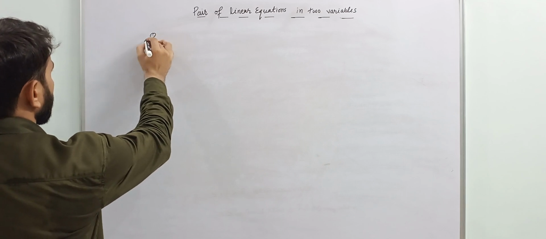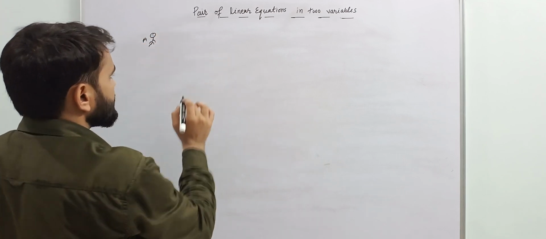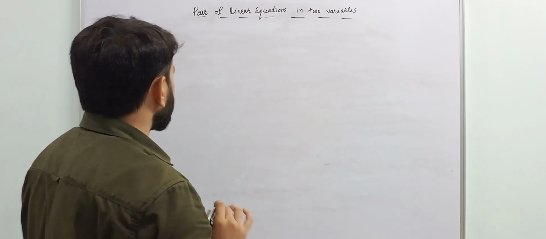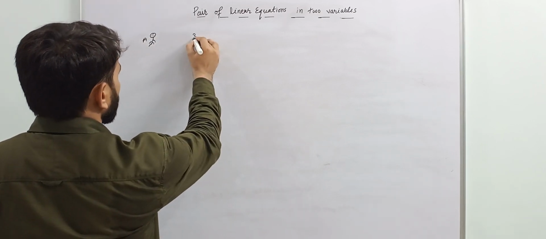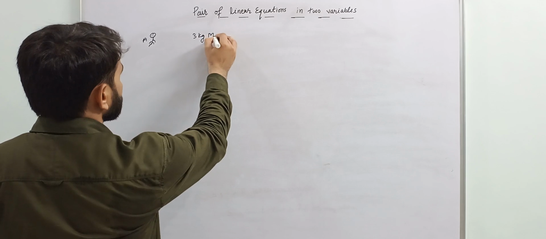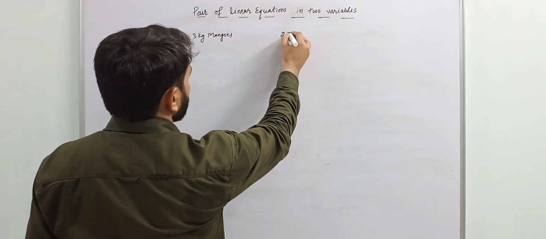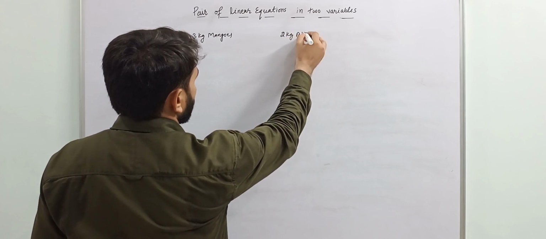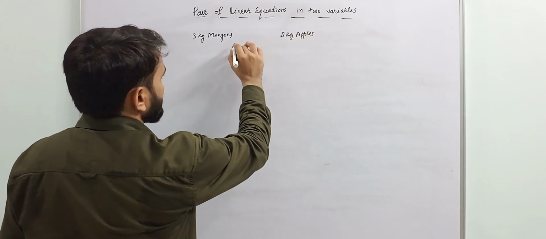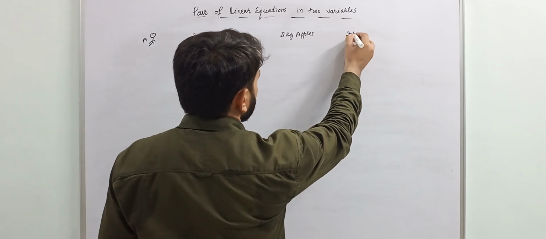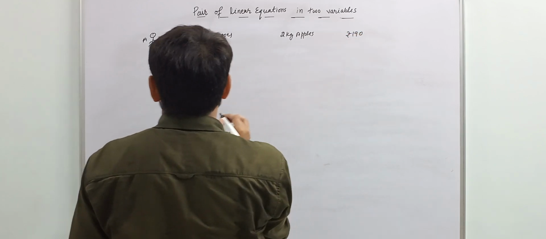Suppose Mr. A went to the market and bought some mangoes and some apples. Suppose Mr. A bought 3 kg mangoes and 2 kg apples, and together they cost, suppose, 190 rupees.